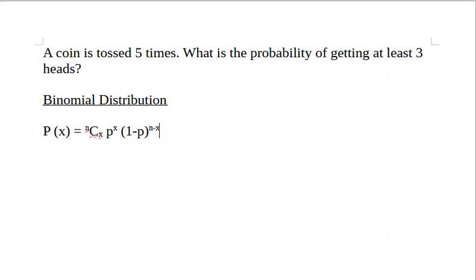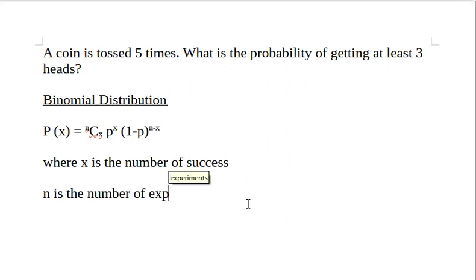So this is my formula, and here x is the number of success, n is the number of experiments, and p is the probability of success.